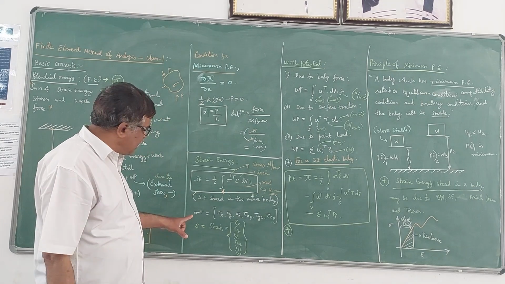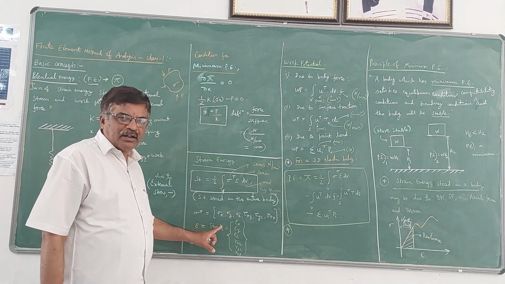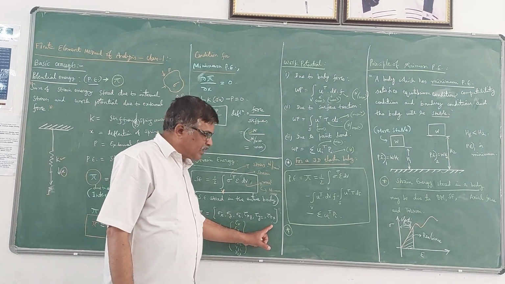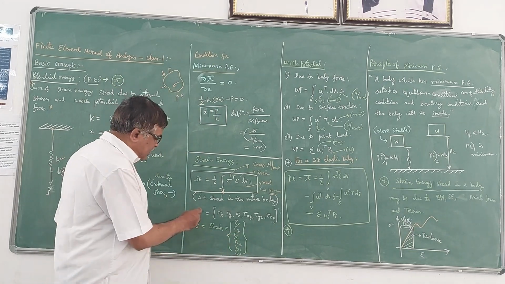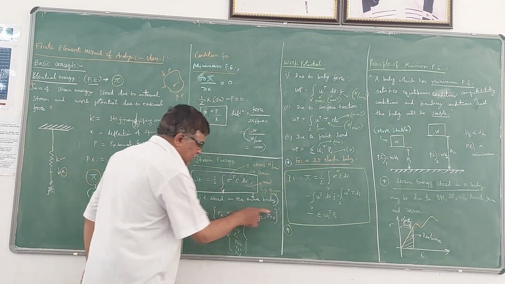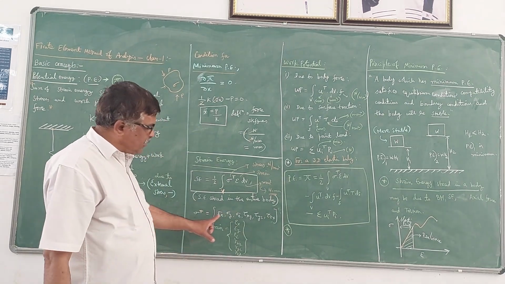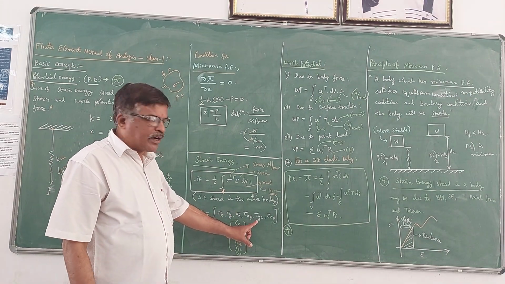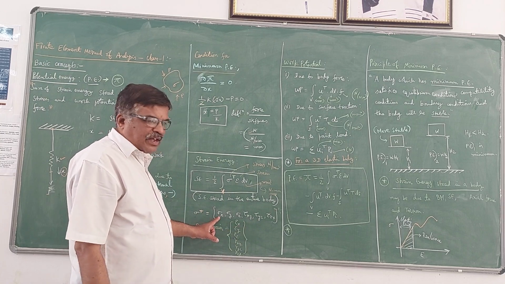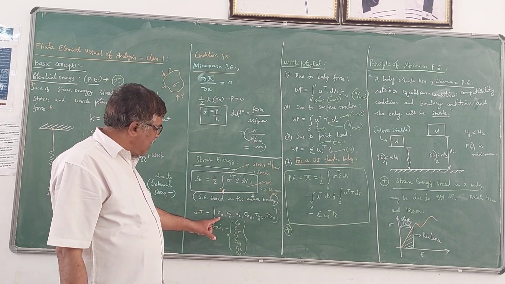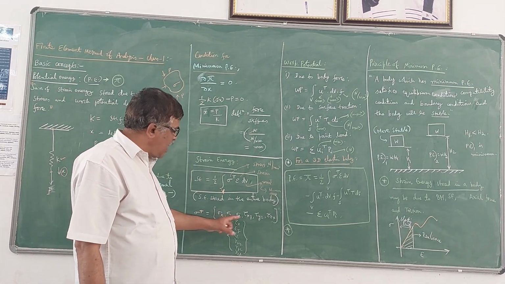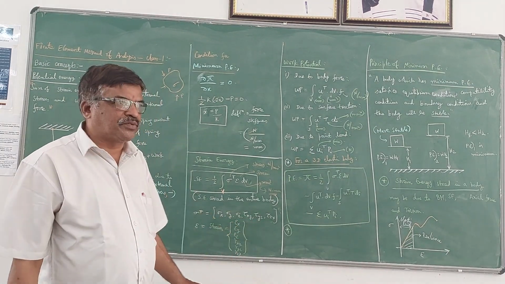Now this stress for a three-dimensional element can be written like this. If you write transpose, then it is a row vector. If you don't write transpose, it is a column vector. Please note that. This is the vector, that is the matrix notation. In the case of a three-dimensional element, as you studied in elasticity, you will have at a point 6 components of stresses.